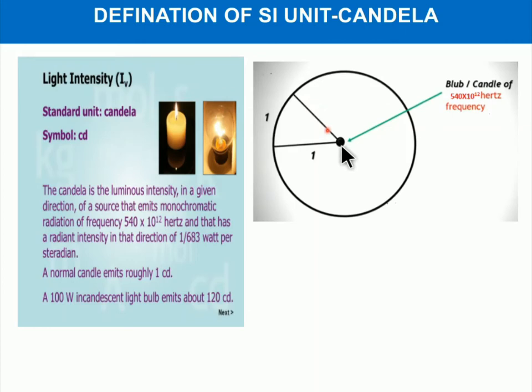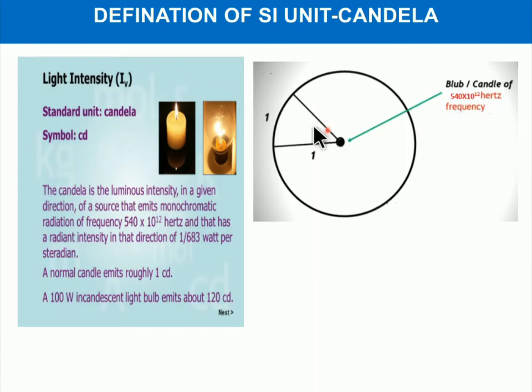Keep a candle or bulb of frequency 540 into 10 the power 12 Hz at the angle of 1 steradian. Light has different frequencies, so this frequency corresponds to yellow light.